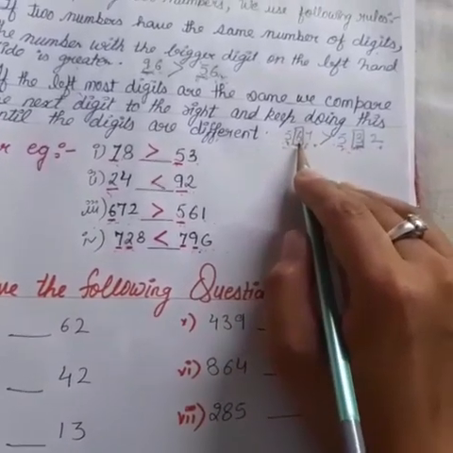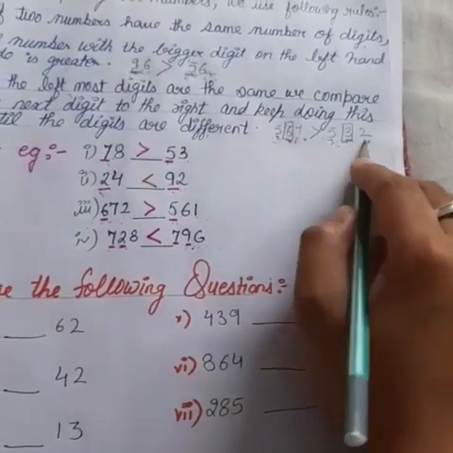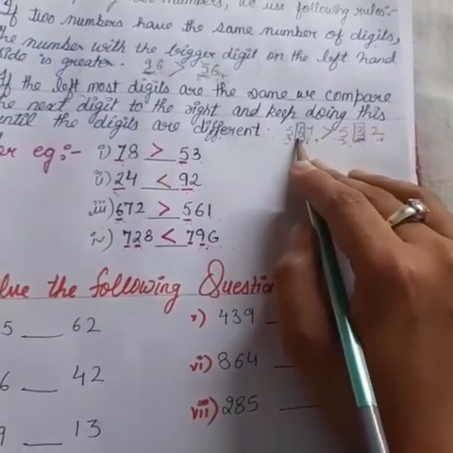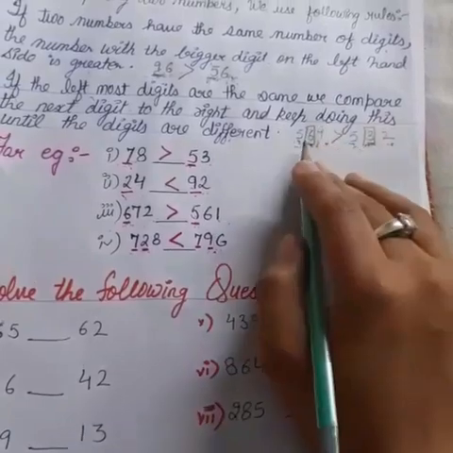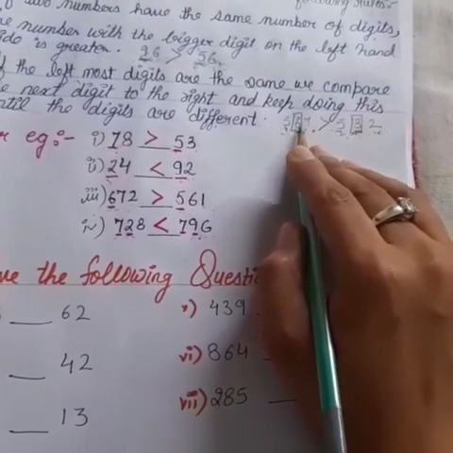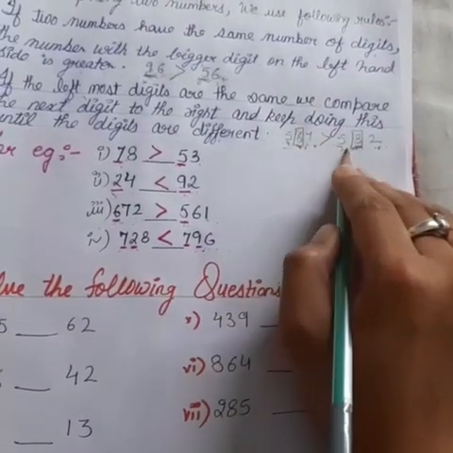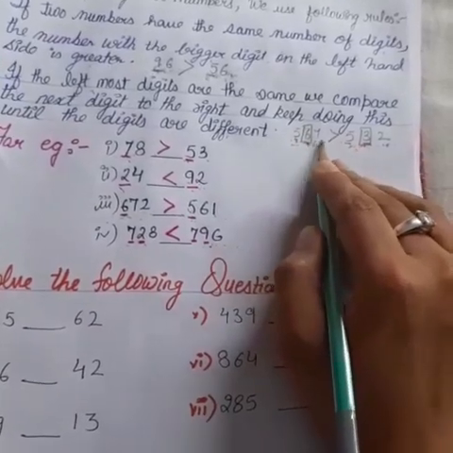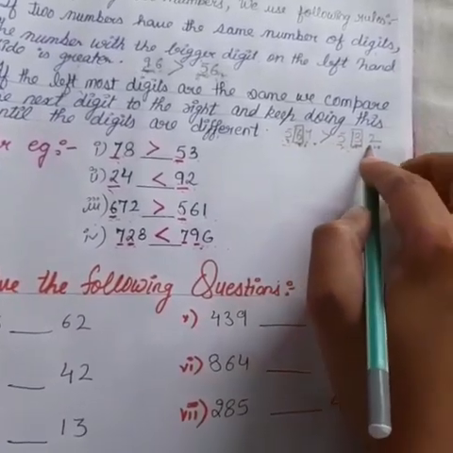In the tens place we have 6 and 3. You can see clearly that in the tens place 6 is greater than 3. It means 567 is greater than 532, right?